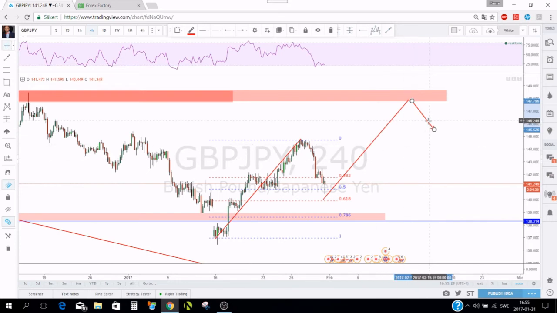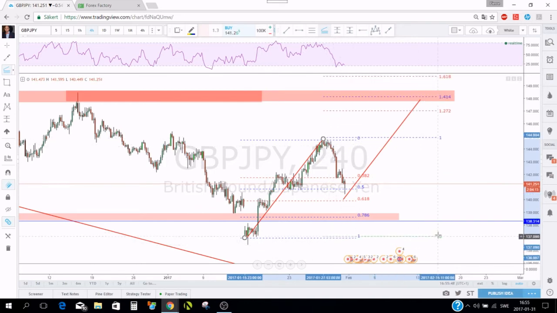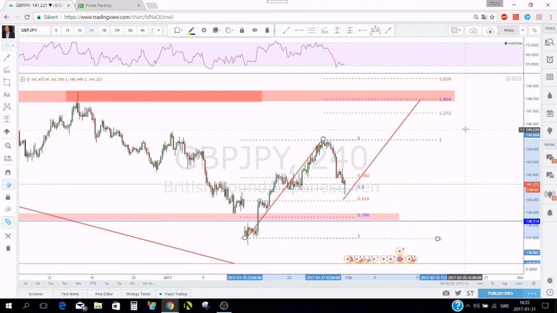Just because I'm seeing the AB equals CD possibility, that doesn't mean that we're going to get it. And another thing we have to do is to take this Fibonacci extension from the low, from A to B and back down to A, and you see that the completion is going to be at 1.414 Fibonacci extension.